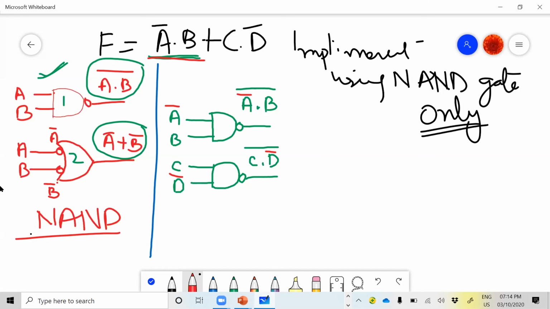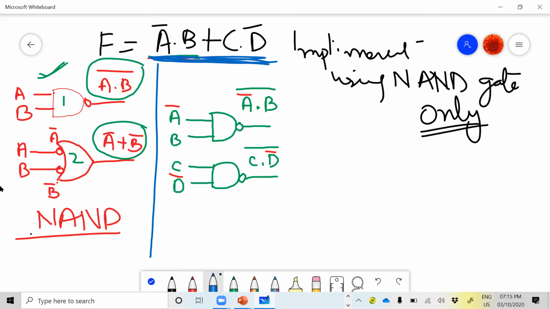Now please give me the answer. Overall, this function, how are we implementing it, is it a sum term or not? It is a sum term. And for the sum term, which representation of the NAND gate should we use, first or second?